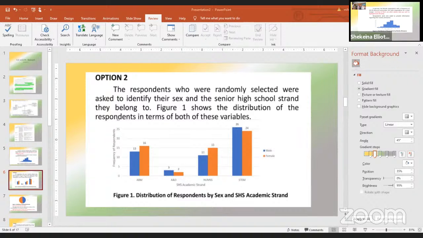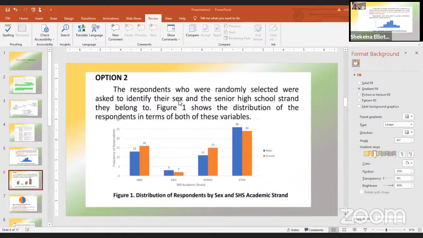You're not putting any twist to the data that you would have collected. All you're doing is capturing that information, putting it into tables or charts or graphs, and then you say exactly what the respondents or the participants would have said. So here is an example.